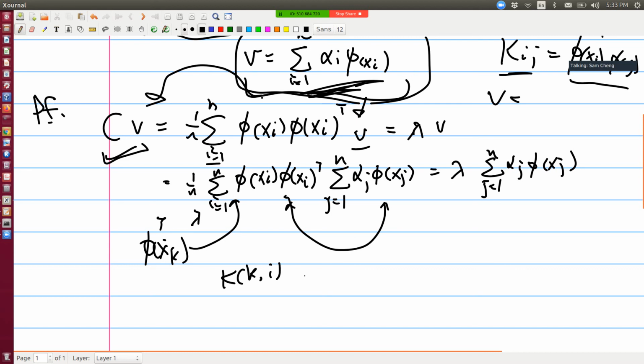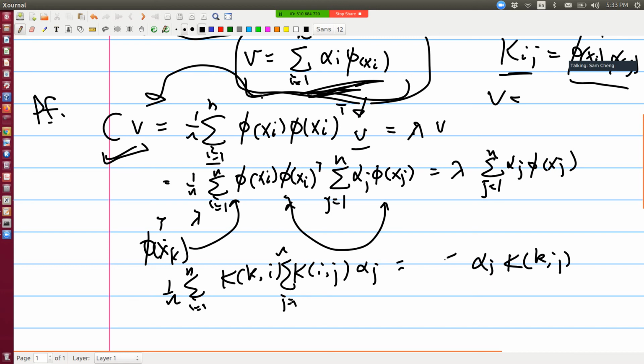And here I have K ij. I have alpha j somewhere, so I can have the sum over j, put it here, the sum over i is equal to this. I get K kj alpha j, right?